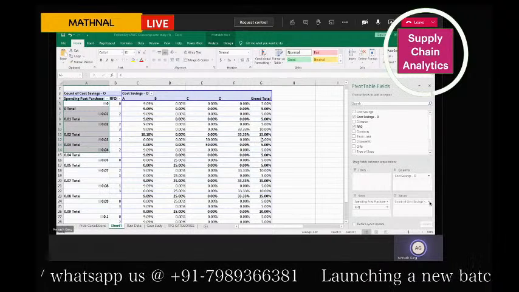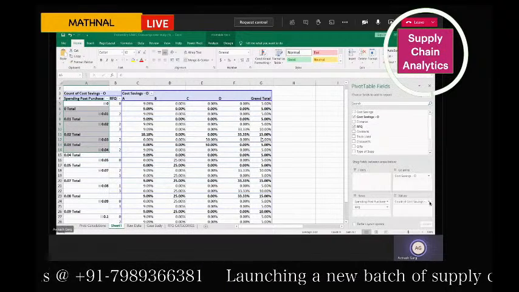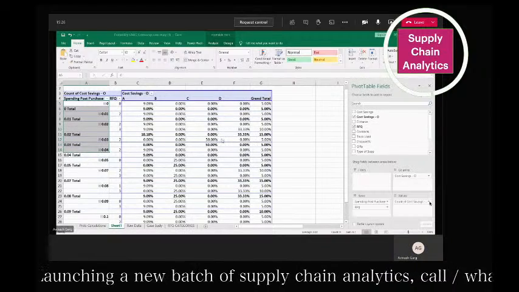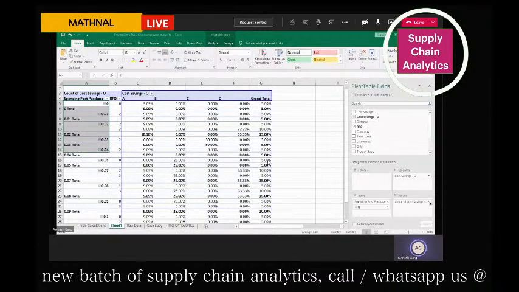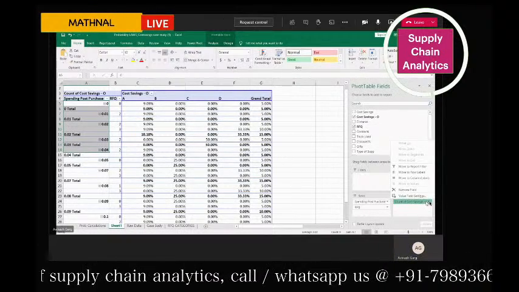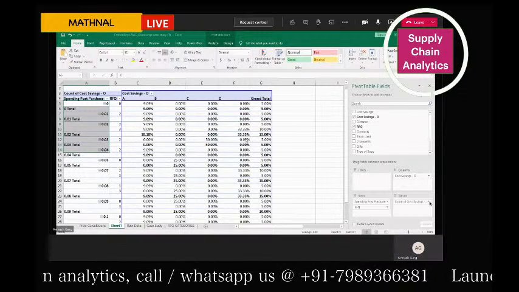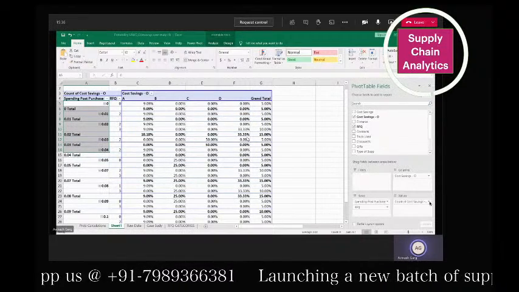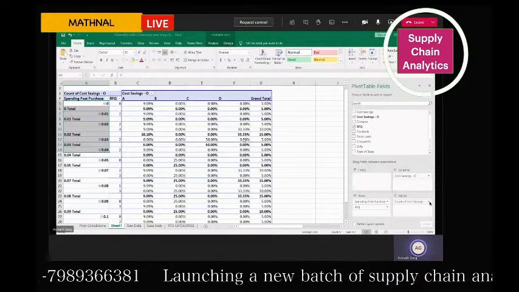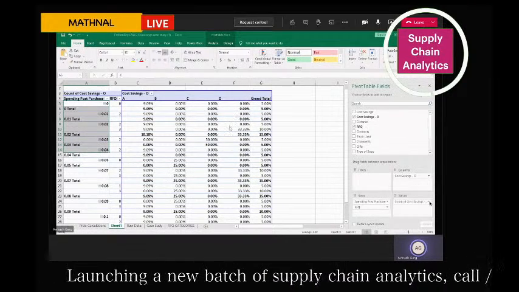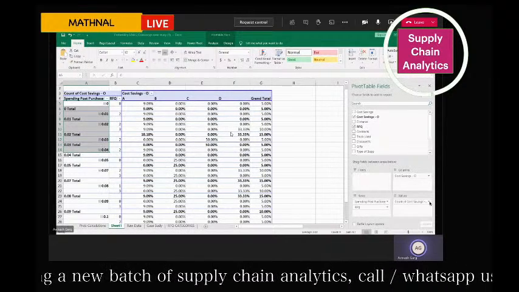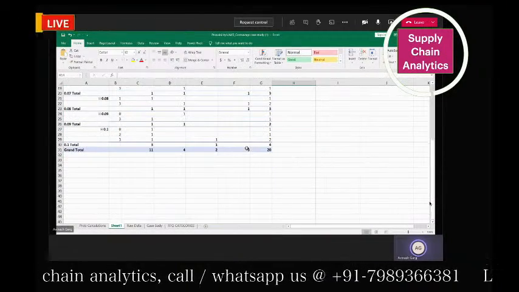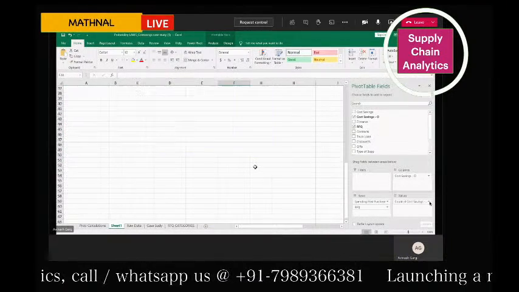I think when we click on the value field settings, we will get a different window, and from there we convert the percentages into counts. We want count here. Show values as, calculation. Yeah, it is okay now.